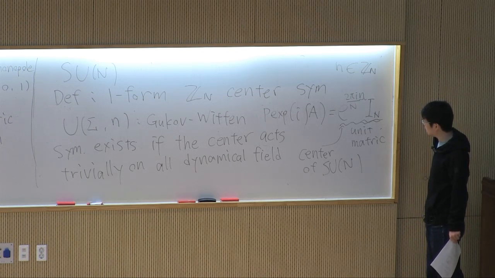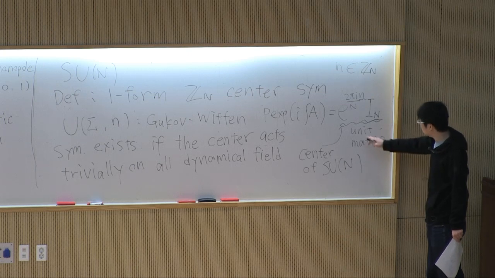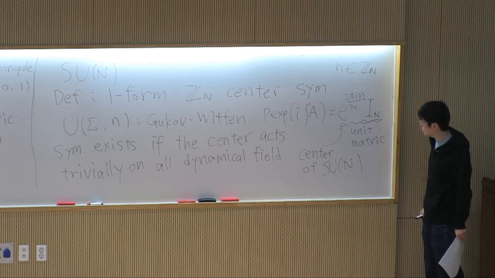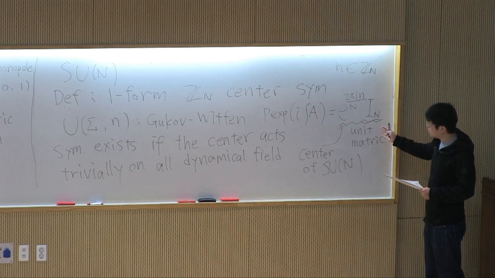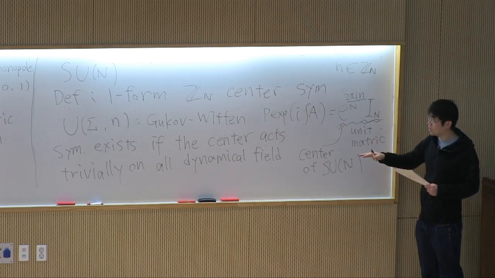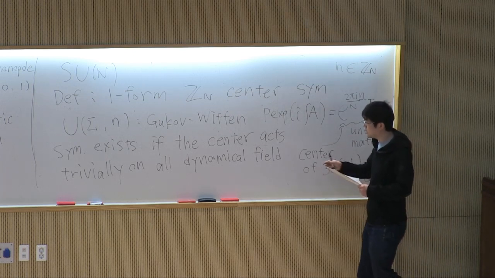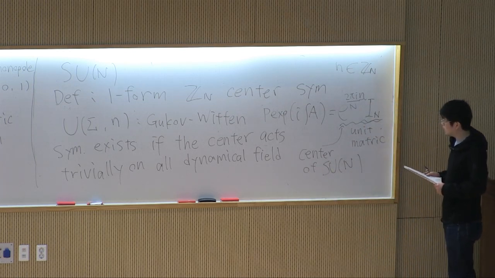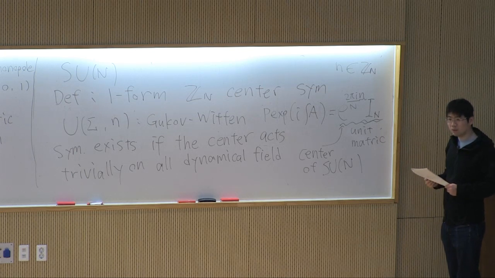So in such a case, this Gukov-Witten singularity is not visible to the matter. Then this Gukov-Witten operator is topological. It is invariant under the deformation of the surface sigma. And so this defines the symmetry.